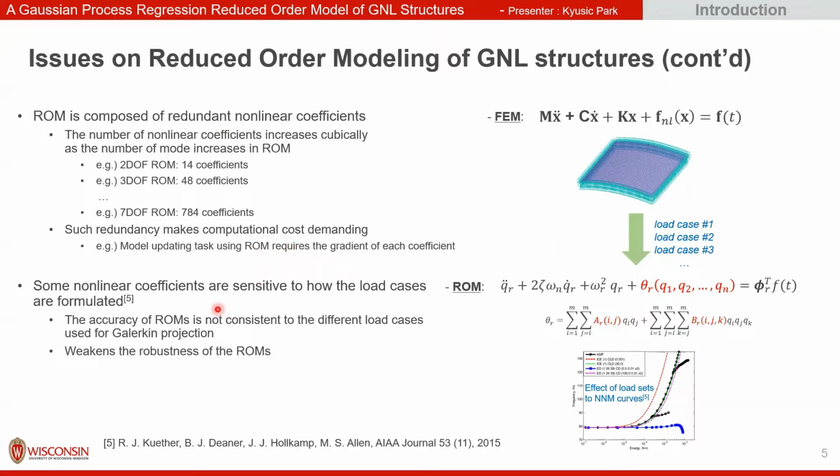And lastly, some of the ROM coefficients tend to be sensitive to how the static load cases are prescribed for the Galerkin projection. And consequently, the accuracy of ROM is not consistent to the different sets of load scales or load cases. This hence weakens the robustness of the ROMs.